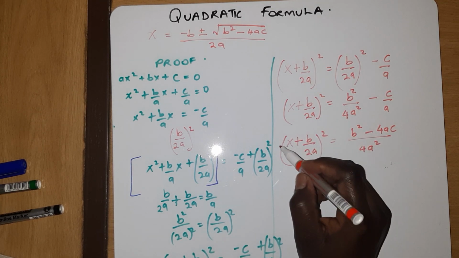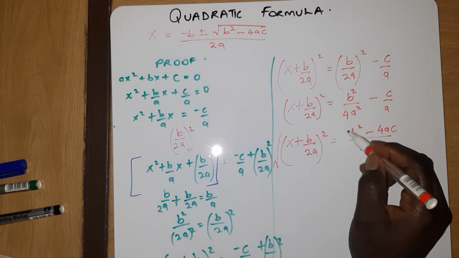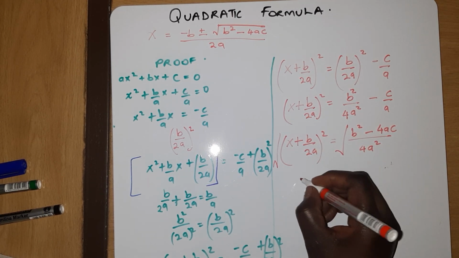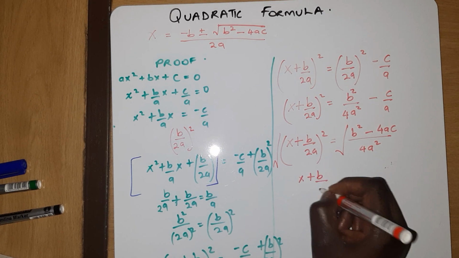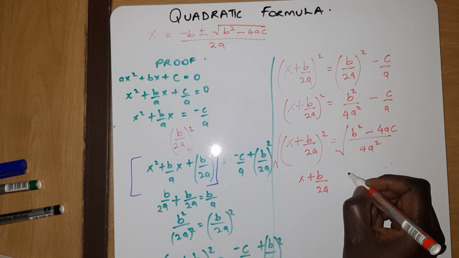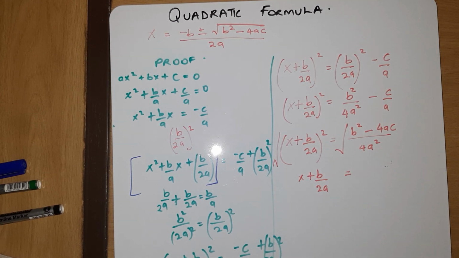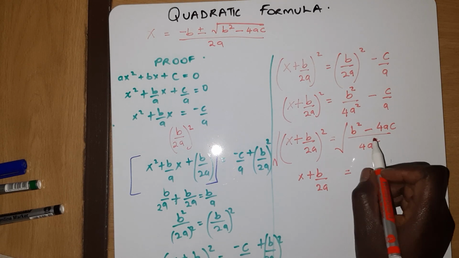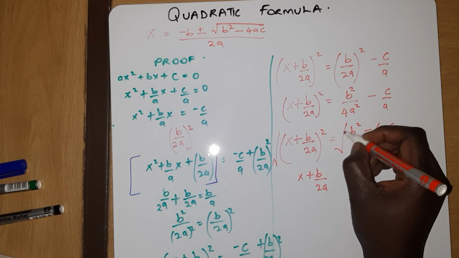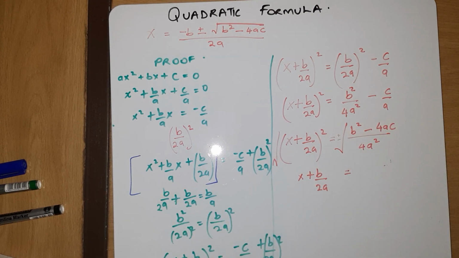Now we find the square root on both sides. The square root of the square is x plus b over 2a. It stays that way. But remember that when we find the root here, we'll end up having a plus and minus, because the root of a number is not only one solution.